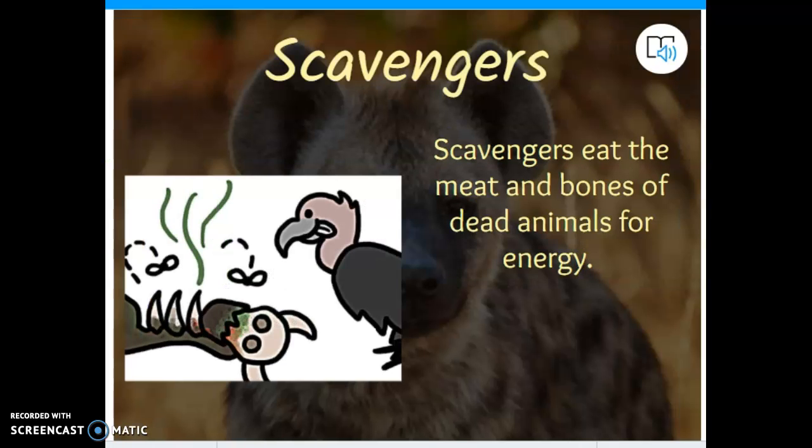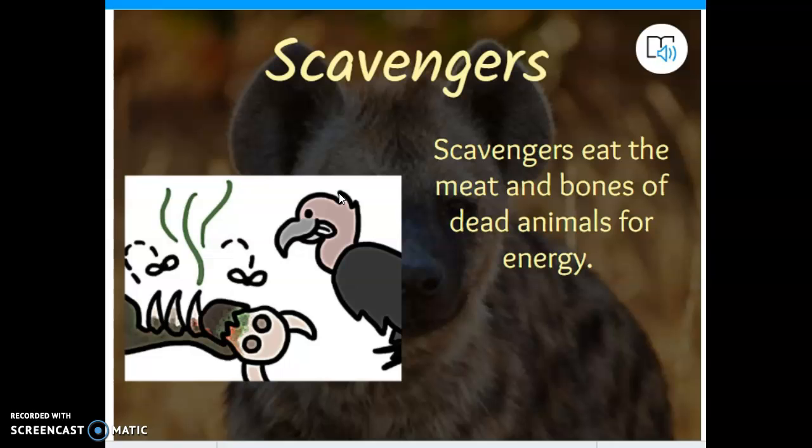Now, scavengers, they eat the meat, the bones, the fur, they eat it all of dead and decaying animals. So you see that dead deer on the side of the road, and then you see those big giant birds that are eating it. They're pecking at the fur, they're pecking at the meat, they're eating the bones. They eat a little bit of everything of that, but they are scavengers.